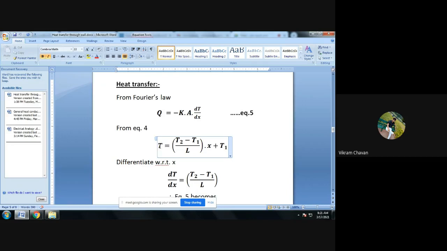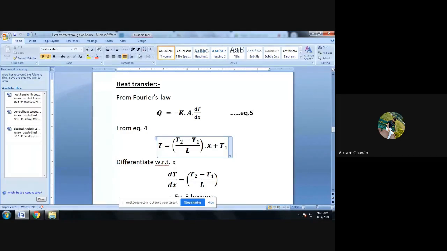Differentiation of T, which is the variable, whereas T2, T1 and L are constants. So differentiation of T will be dT divided by dx. Then T2, T1 and L are constants, so they will not be differentiated, only the variable is x.